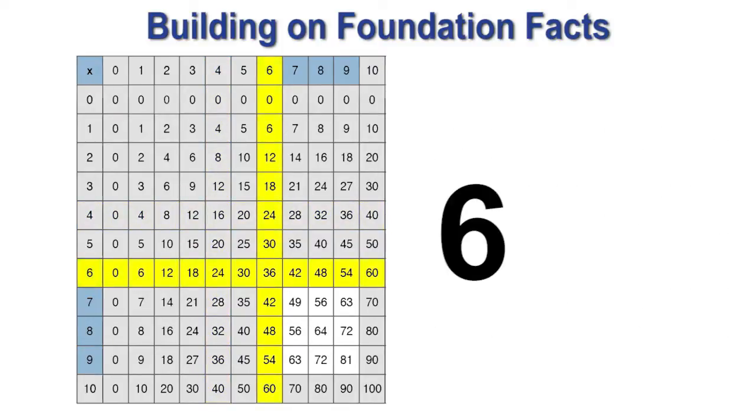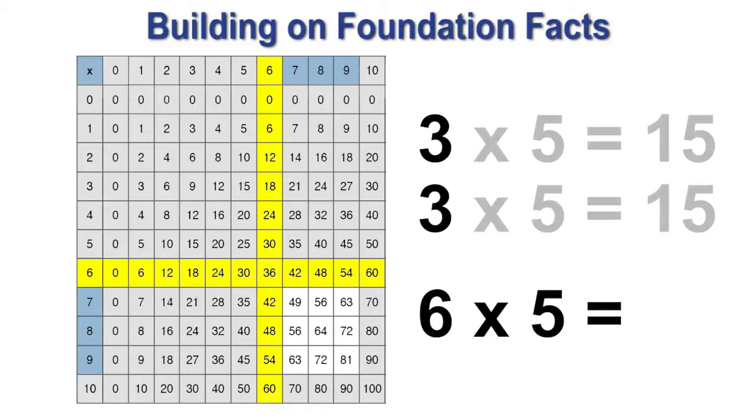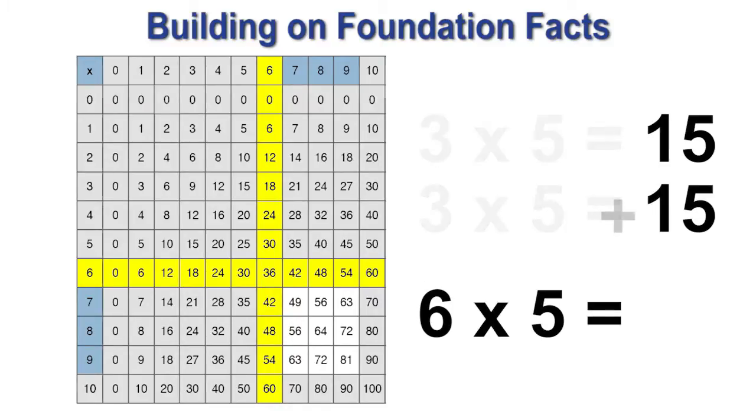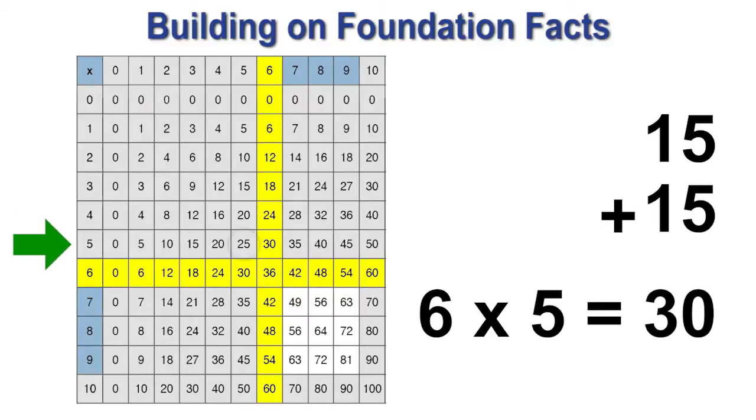Times 6. A strategy for multiplying by 6 would be to double a multiple of 3. If students have a mastery of times 3 facts, they can double that. Mastery of their times 5 facts can also help them, since the product of times 6 is one more set than the product of times 5.